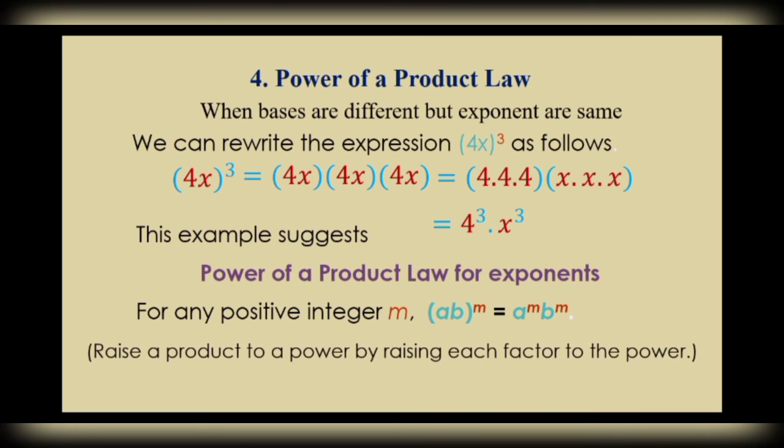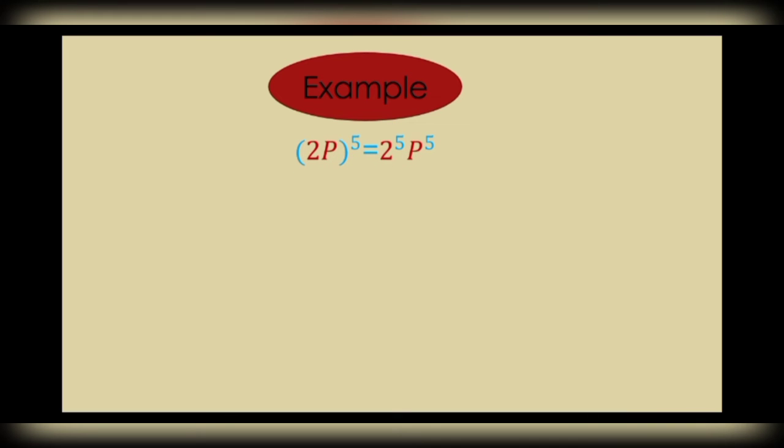Note it: raise a product to a power by raising each factor to the power. Now look at this example. 2p whole to the power of 5 is equal to 2 to the power of 5 into p to the power of 5. So we can separate the power in a product.